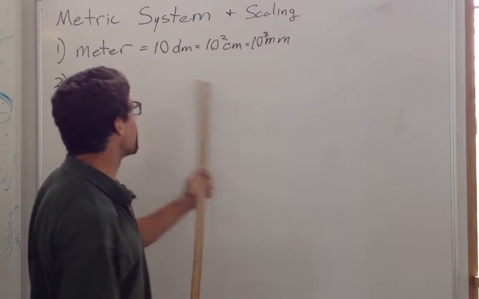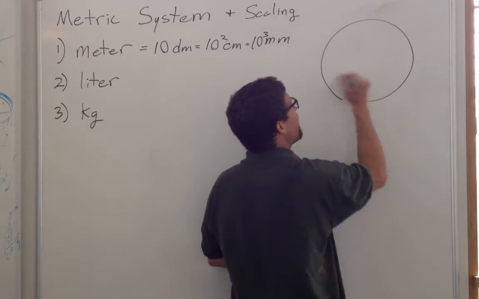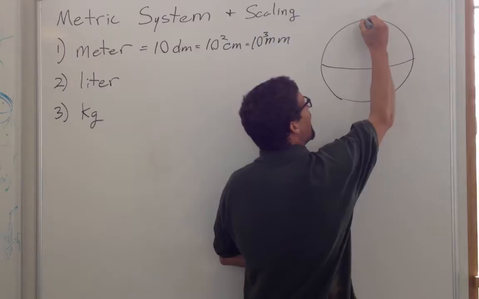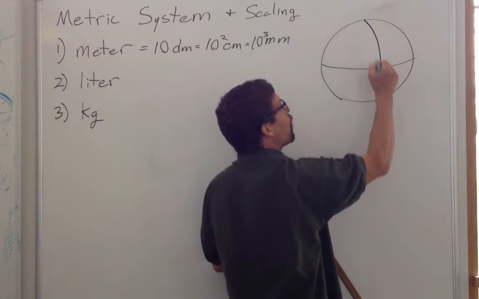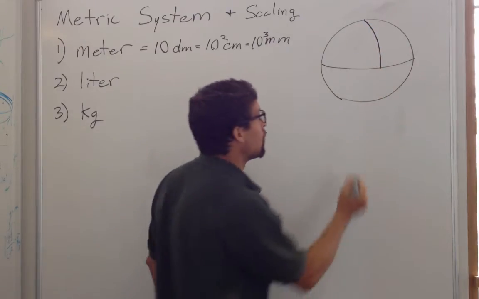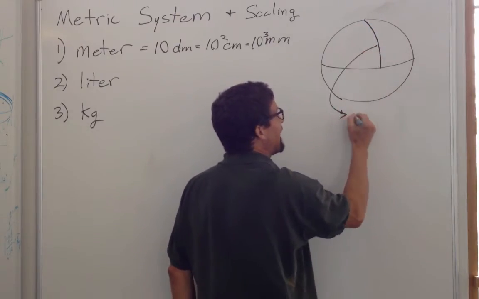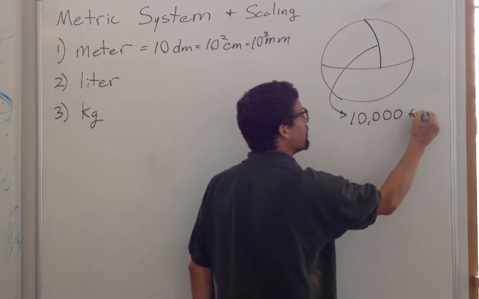Okay, so where did the meter come from? Originally, when we look at the Earth, we define the meter as 1/10,000,000th the distance from the North Pole to the equator along a meridian. So this distance was defined as 10,000 kilometers.